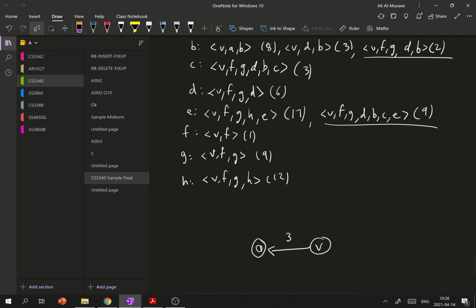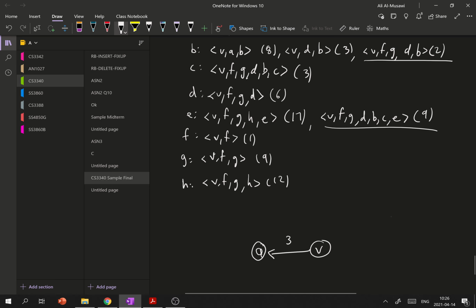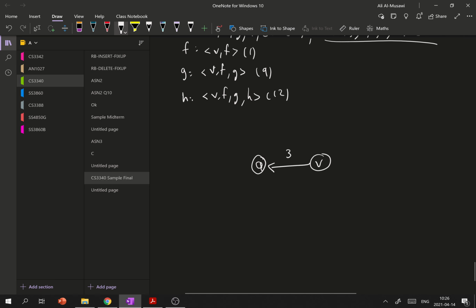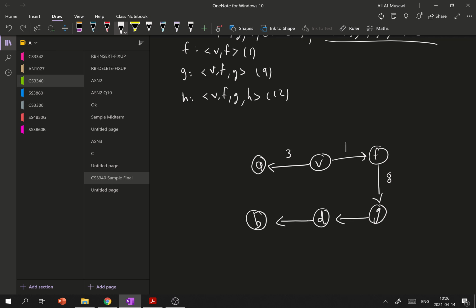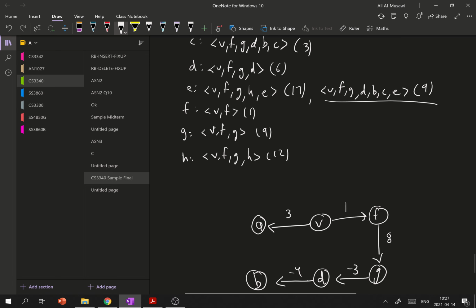Okay, now these numbers are the edges. These are not the costs of the path. So what else? For B, it's VFGDB, VF, G, and then D, B. Then what else?